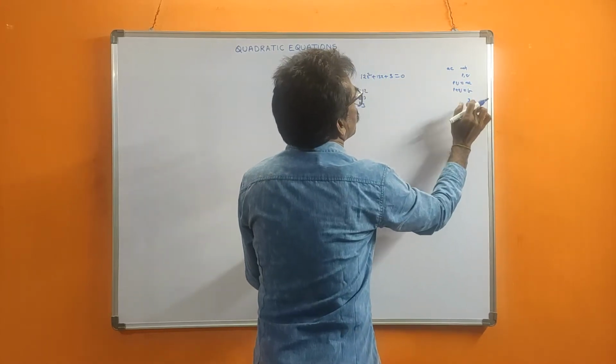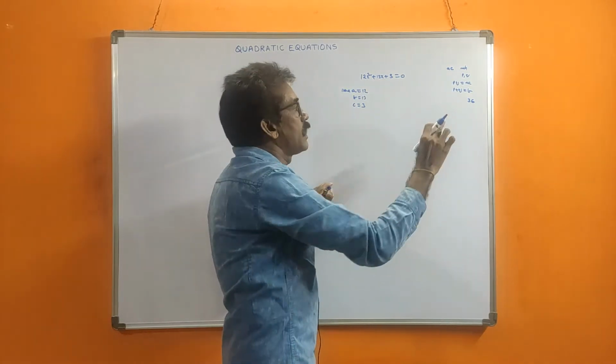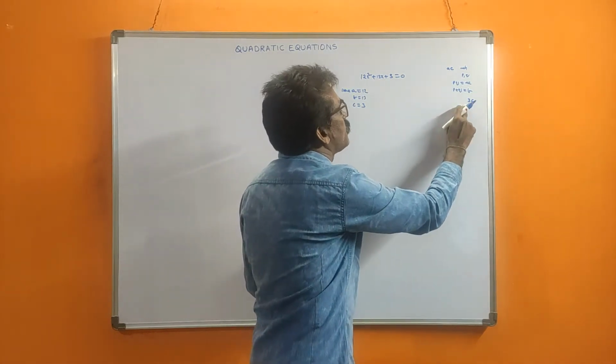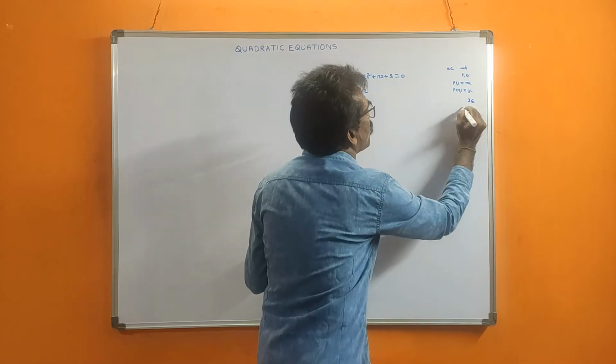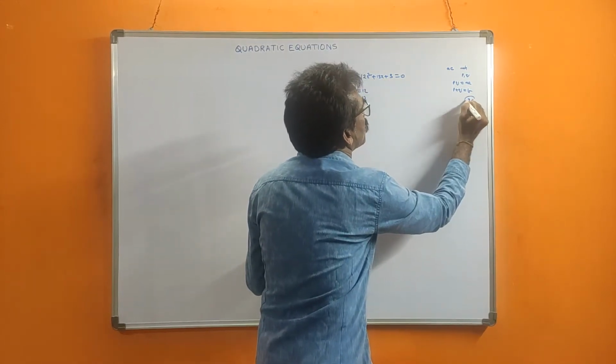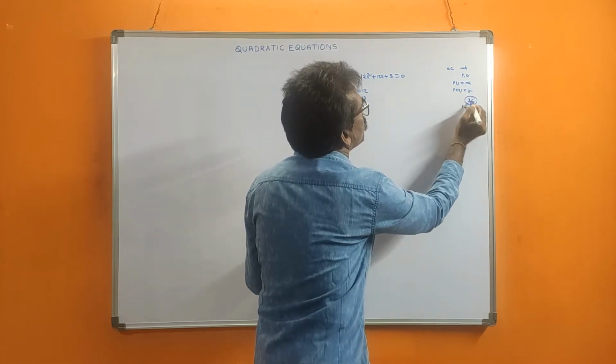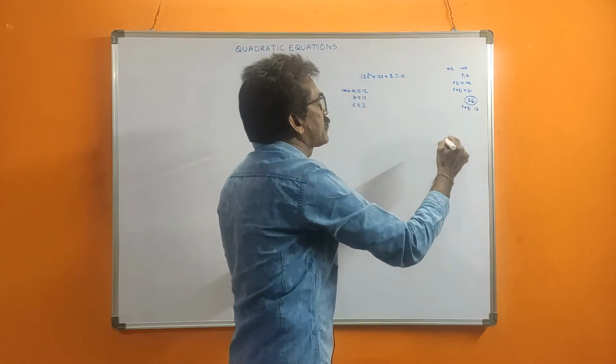So PQ should be 36, and if you add those two numbers, 13 should come. Like that you take factors.